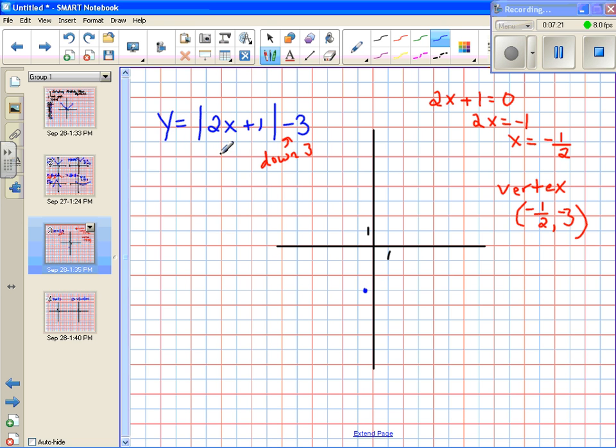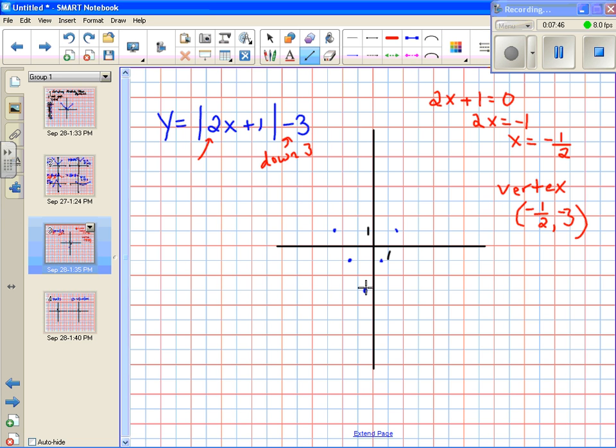Now I have another issue here as well. This still will act on the slope. So because I have the 2 there, I'm still going to treat this like a slope of 2. So from my vertex point, I'm going to go up 2 over 1, both directions. And I can do that again, up 2 over 1.